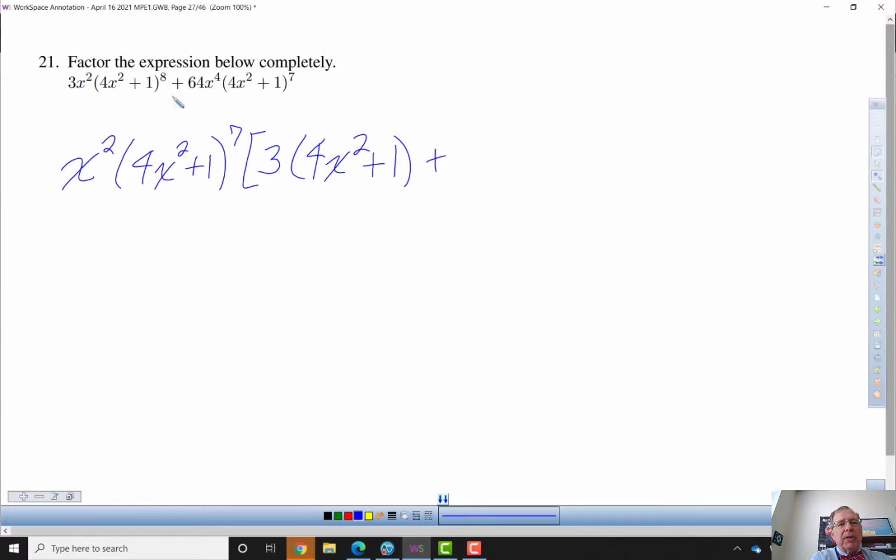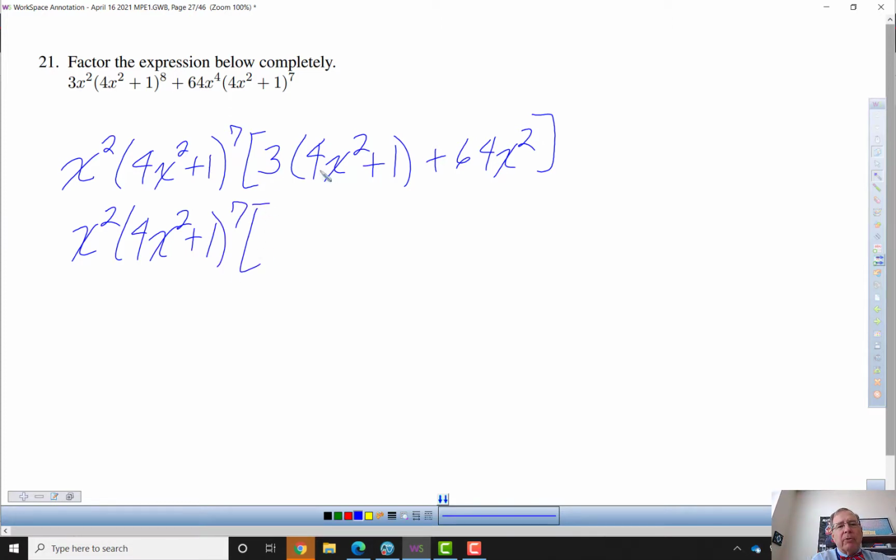Then here's the plus sign. Now I took out x squared, so there's 64x squared left, but I completely factored out this to the 7th power, so I can close my bracket there. So this goes along for the ride, as does this to the 7th power.